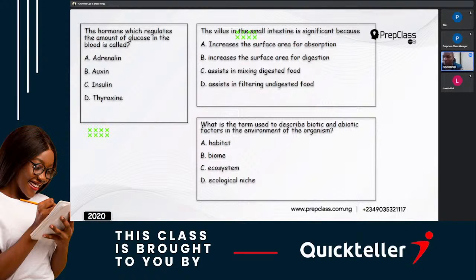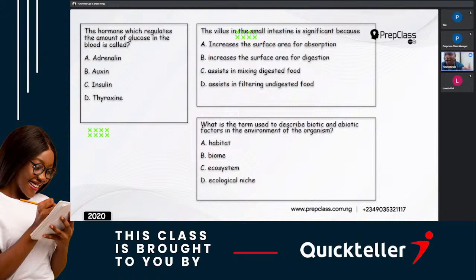So what is biome? Biome is like rainforest, temperate forest. That means the area where you can find an organism due to the climate or the weather. So we have the savanna, we have the rainforest, we have the tropical rainforest. That's biome.